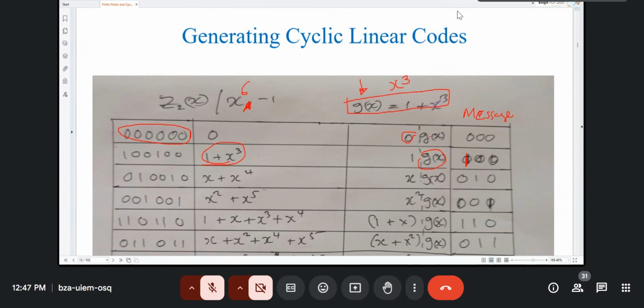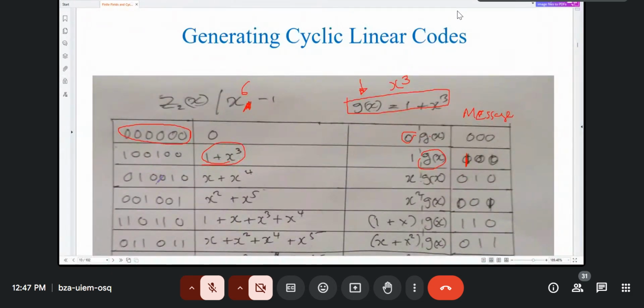Don't be confused, because if you are using the other convention, this 1 will be here. But now 1 is here because we are using this, where we start with the lowest degree going to the highest degree. So you multiply that, of course, you're just going to get GX. You see, the GX itself is one of the polynomials.